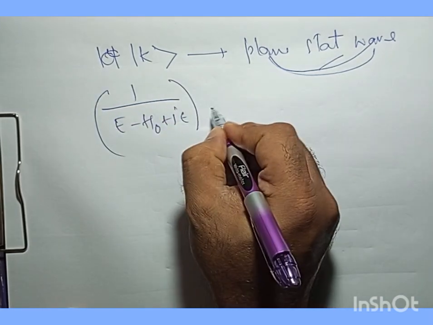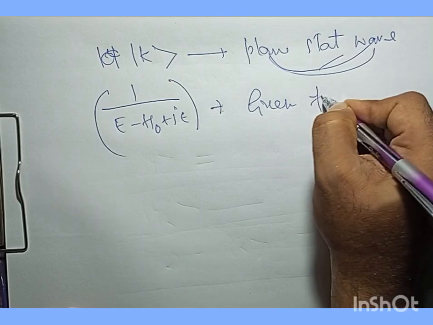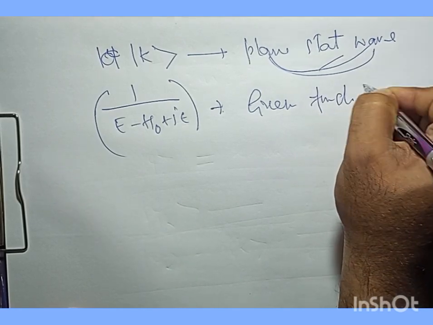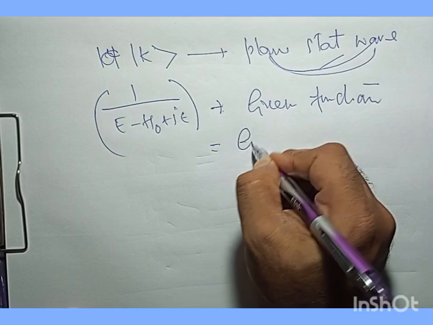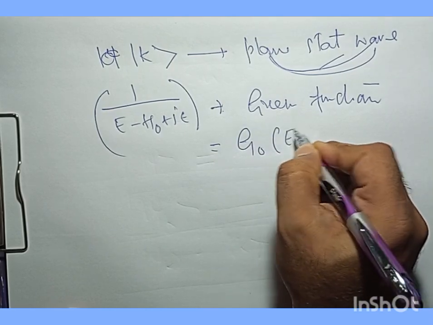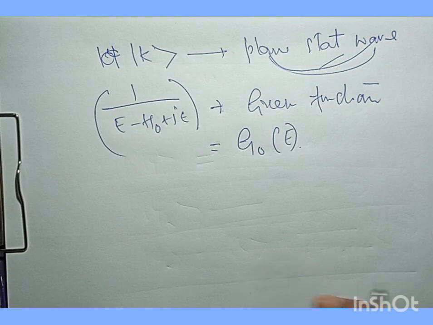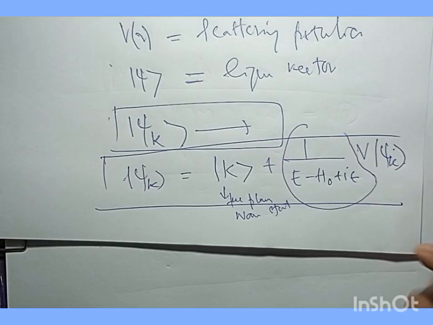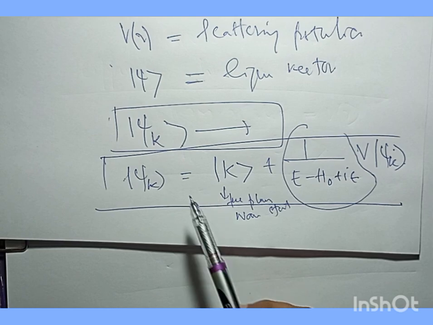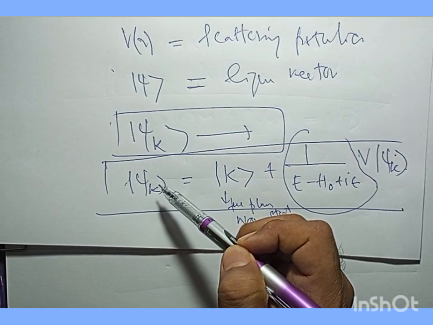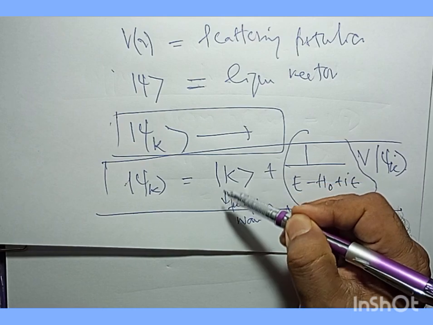This thing is the Green's function, and we can represent it by G naught of E. Now this equation that I have written down here expresses the scattering state psi of k as the sum of the incoming free particle state.